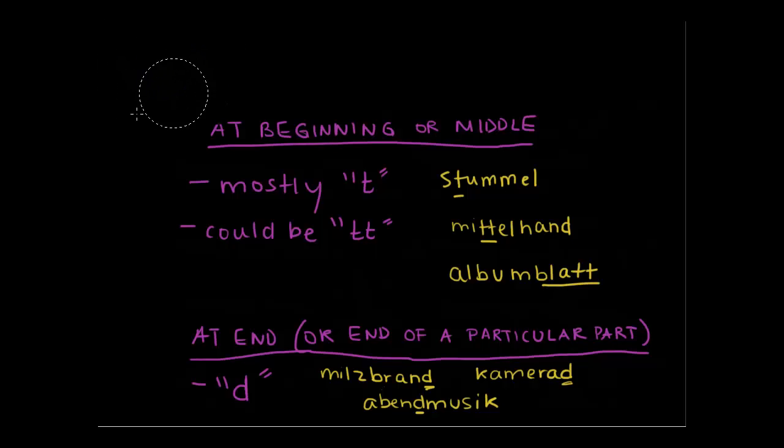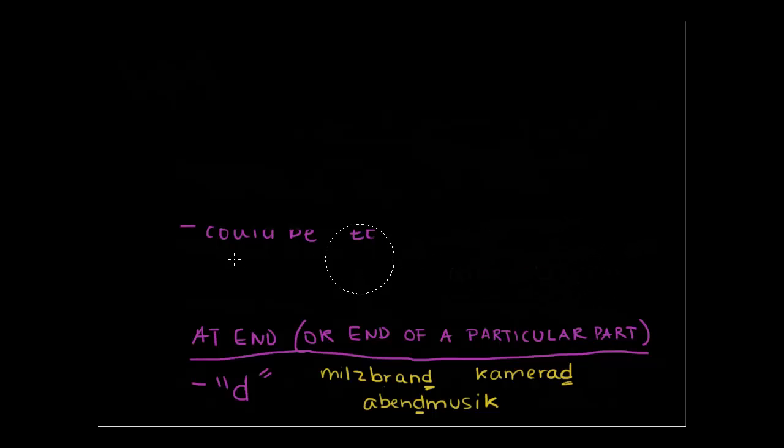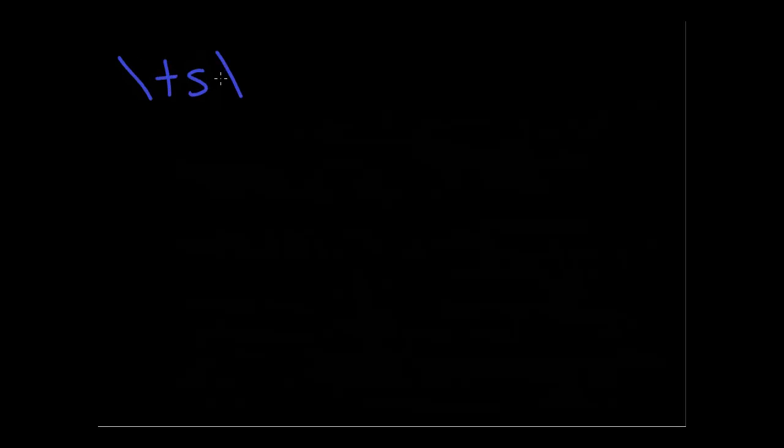Okay, so that's that for T. And our next sound is TS, pronounced ts. So the sound is written like this, TS, pronounced ts. And I will set this up in the same way. We'll do at the beginning or end this time.